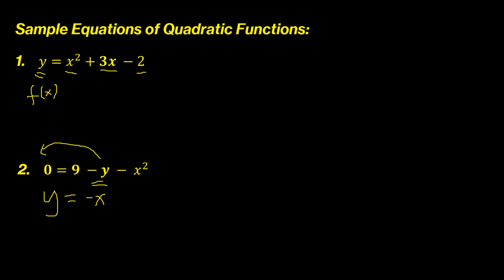We have to rearrange the terms such that the first term is the quadratic term, followed by the linear term, and the last term, the constant term. But in this case, we don't have a linear term, so the quadratic term is followed immediately by the constant term, which is positive 9. So we have y equals negative x squared plus 9 as the quadratic function.